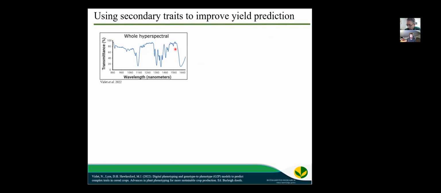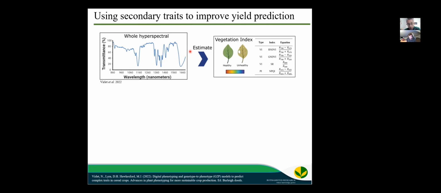Could be flowering time, could be vegetation indices, and those are considered secondary traits. And again, you first go to the field and measure your population with remote sensing cameras, and then, if you're using hyperspectral, let's say, you have all these wavelengths.